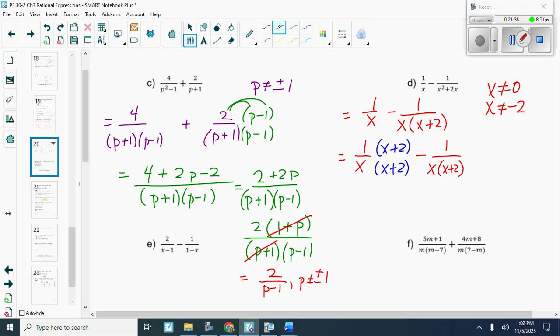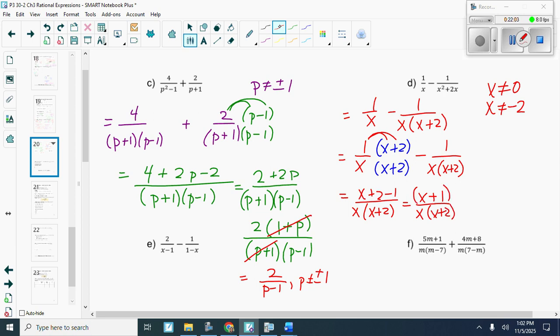I've got to start writing smaller. So then when we bring these together, we just have x plus 2 minus 1 all over x plus 2. So this is x plus 1 over x plus 2.